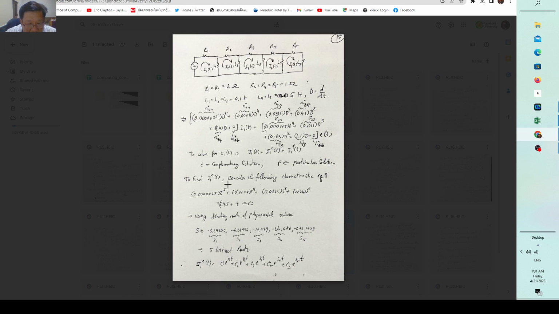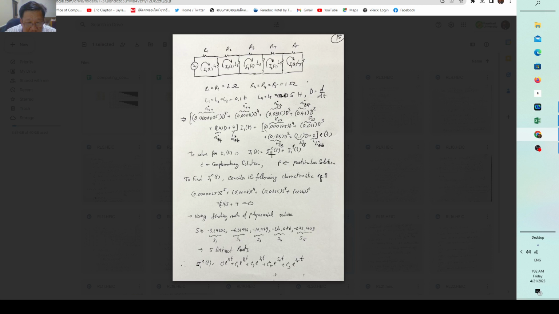To find the complementary solution, you need to find what we call the roots of the polynomial, by replacing the D by s, just a variable called s. Because D is an operator, s becomes a variable that you want to solve for the root of the polynomial. Why do you want to find this root?